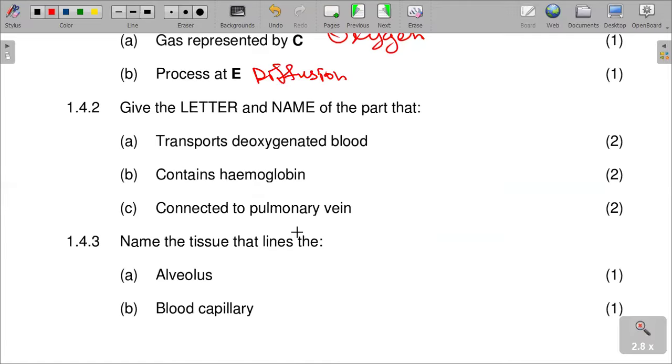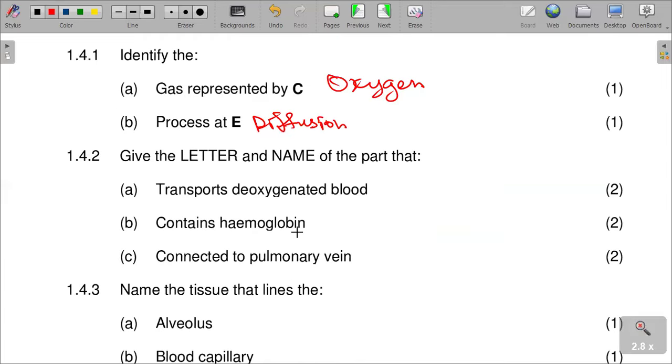The deoxygenated blood is carried through the pulmonary artery or the pulmonary arteriole.